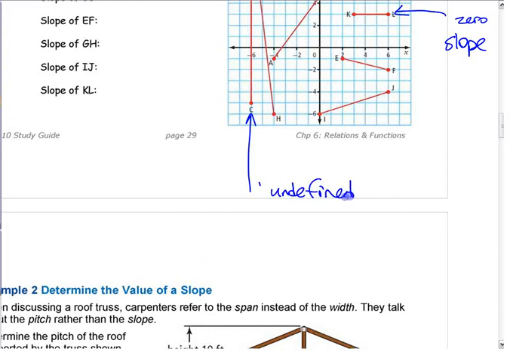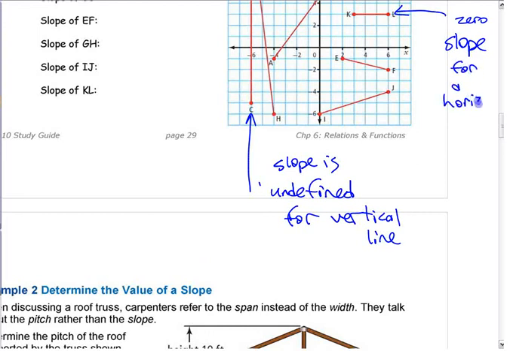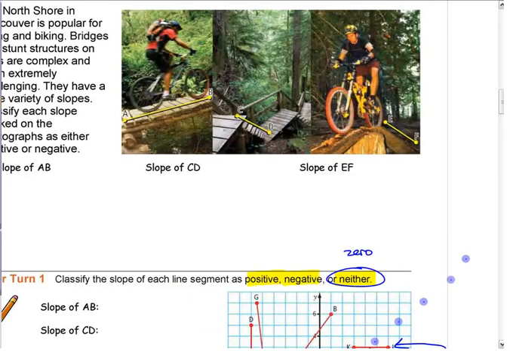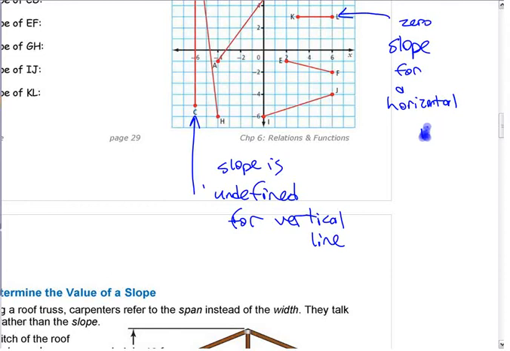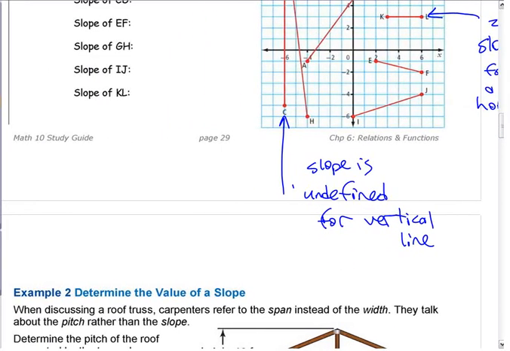The slope is undefined for a vertical line. And slope is 0 for a horizontal line. That's essentially what's happening in this section. Okay?